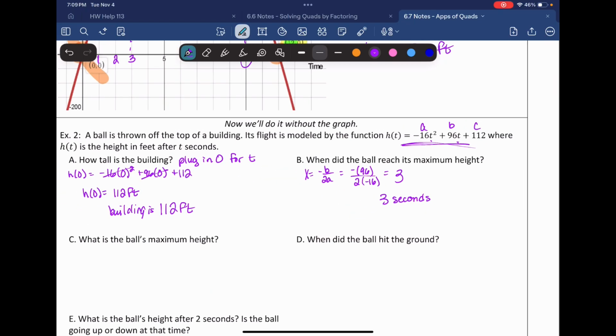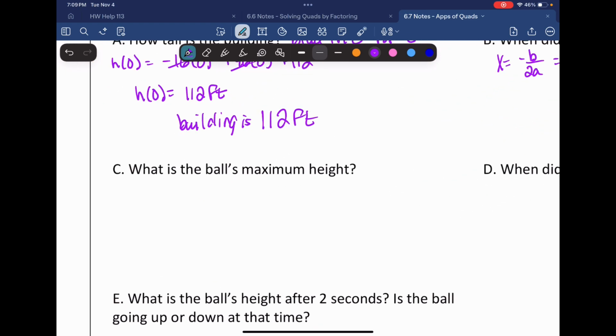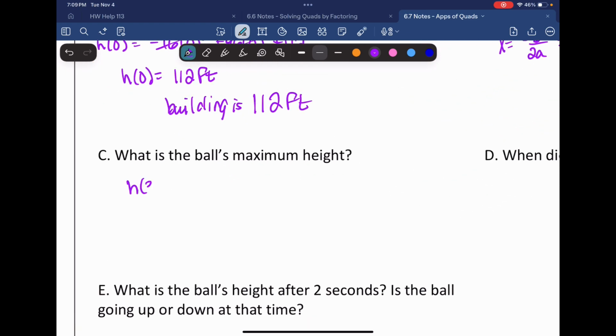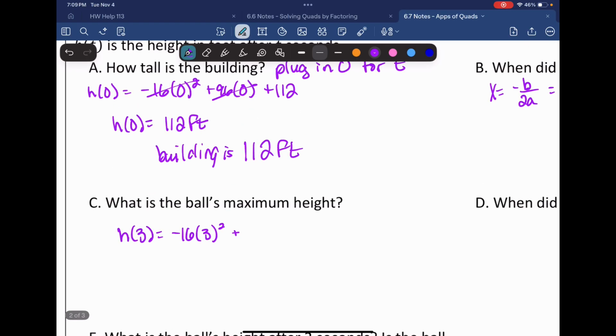Okay, what is the maximum height? That's when we plug in that 3. So every time you see t, you plug in that 3. Again, calculator.